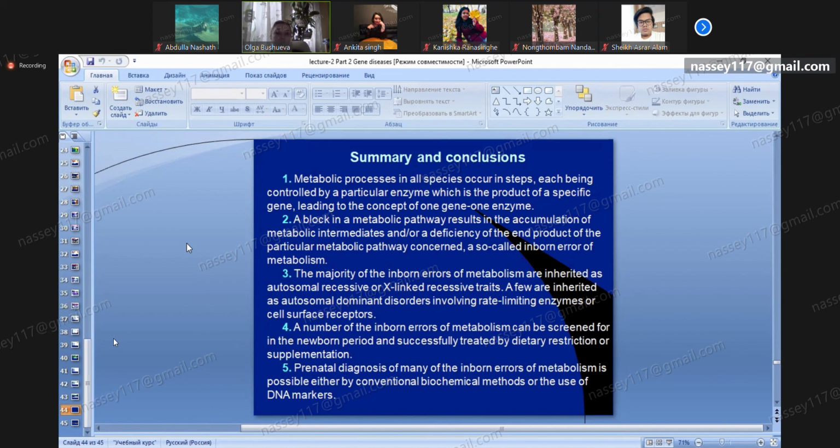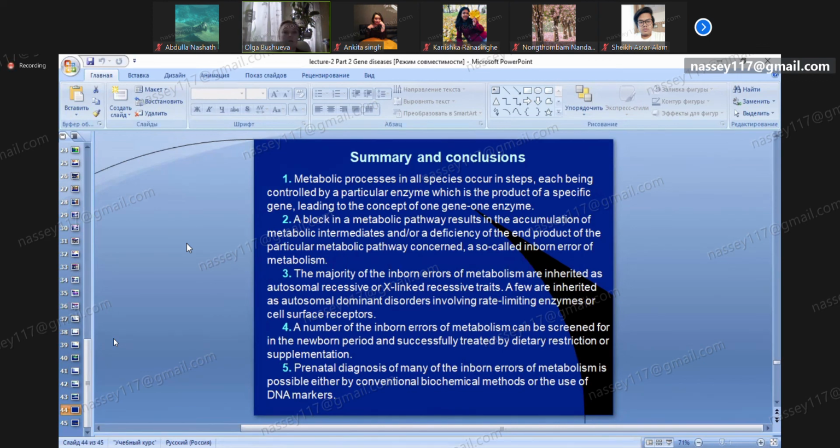A block in a metabolic pathway results in the accumulation of metabolic intermediates and/or deficiency in the end products of the particular metabolic pathway concerned, a so-called inborn error of metabolism. The majority of the inborn errors of metabolism are inherited as autosomal recessive or X-linked recessive traits. A few are inherited as autosomal dominant disorders involving rate-limiting enzymes or cell surface receptors.